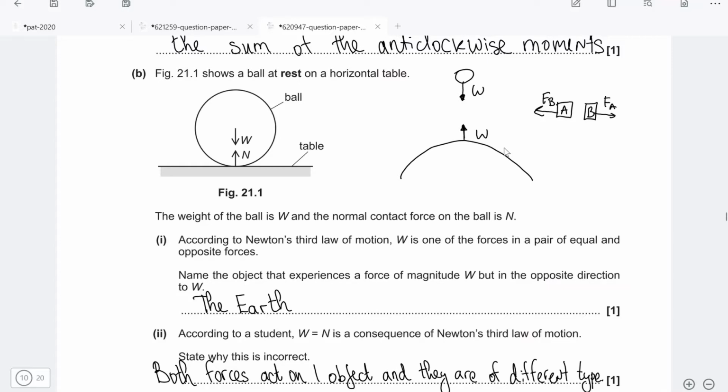For instance, W here is a gravitational force, and the normal reaction is fundamentally caused by electrostatics, and additionally by an effect called the Pauli exclusion principle, which says that no two electrons can occupy the same quantum state and therefore cannot be in the same position. So this is what is ultimately causing the normal force. So just to summarize, both forces act on one object and they're of a different type.